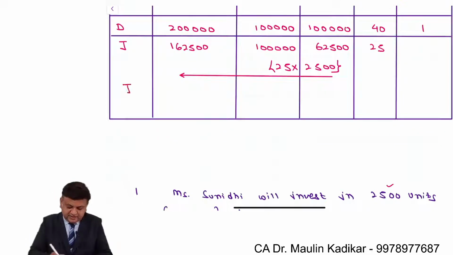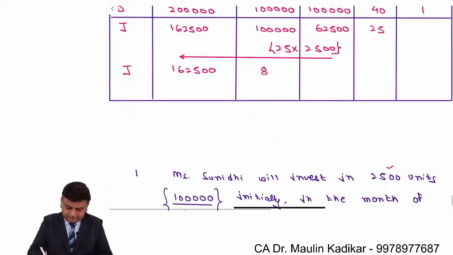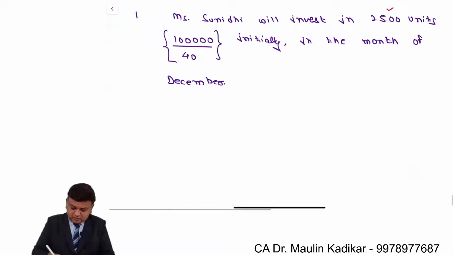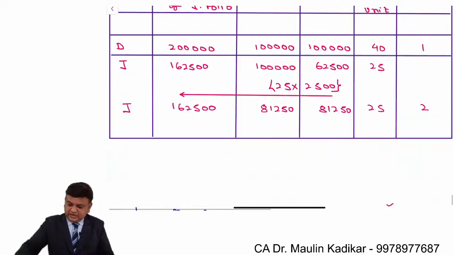Understand carefully how we are going to reshuffle. The total value is 162,500 divided by 2, so 81250. NAV per unit is 25, and I am writing over here note number 2. In note number 2: 81250 minus 62,500 comes to 18,750.